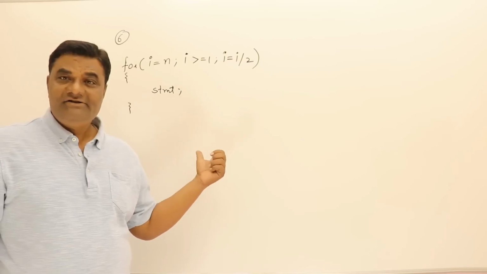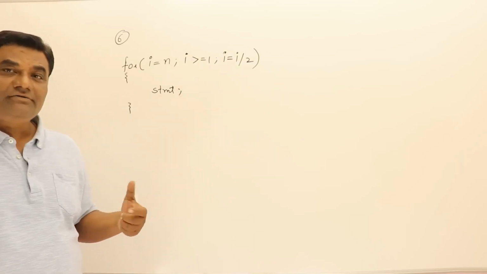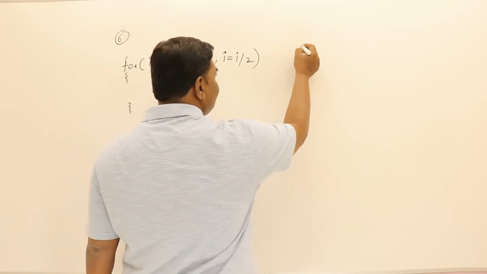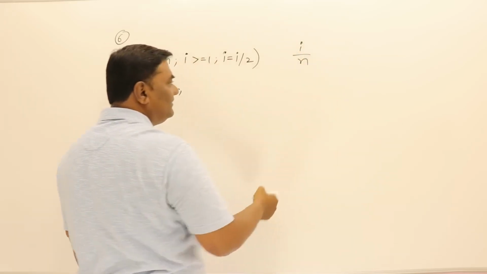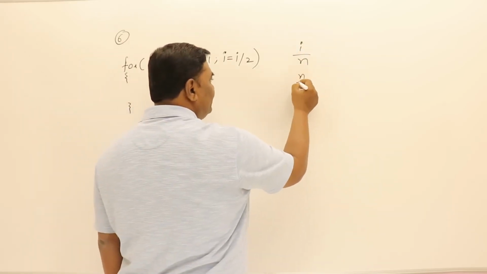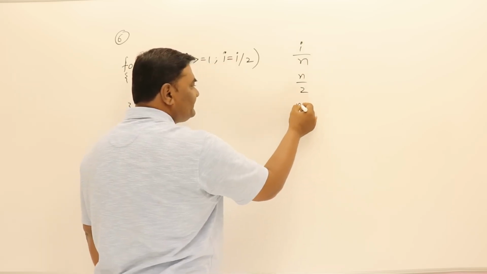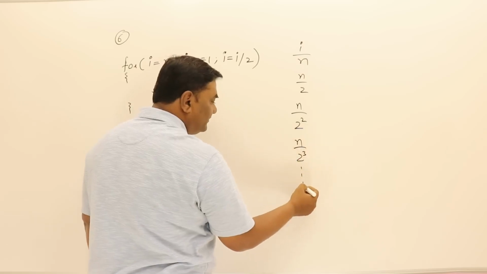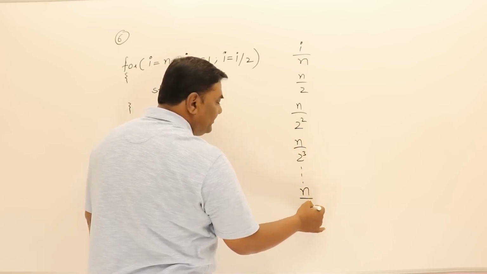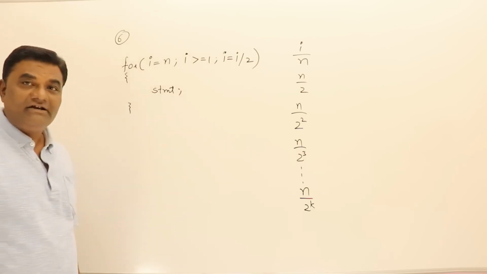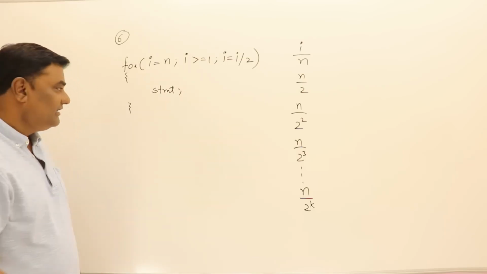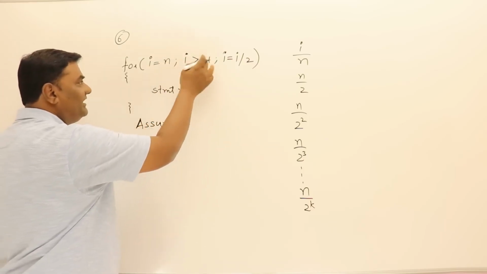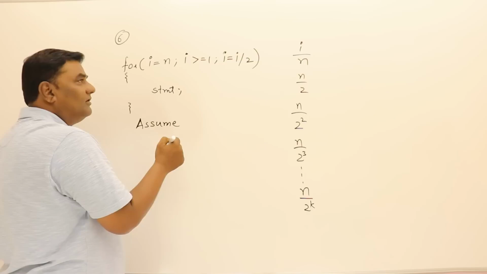Right. Another piece of code here, let us see how it's going to execute and what the time complexity of this one will be. See here, I is starting from n. The next time the I value is n by 2, the next time it's n by 2 square, then n by 2 cube, and so on. How many times? n by 2 power k. We don't know the number of times, so we are assuming it as k times. And we know that the loop will terminate when I becomes less than 1.